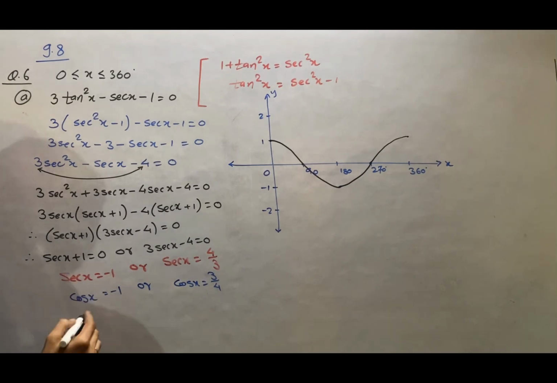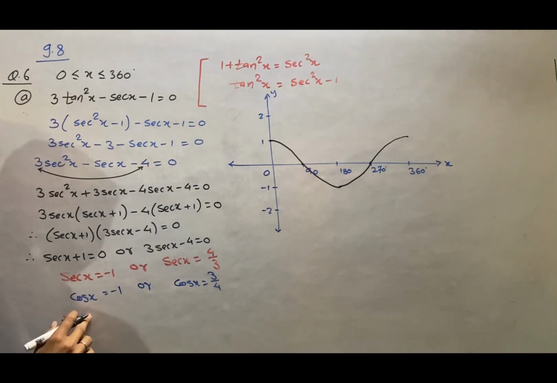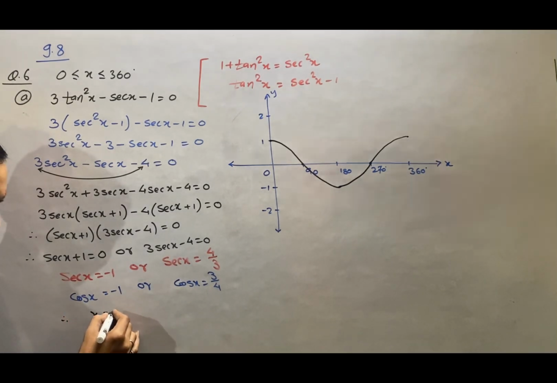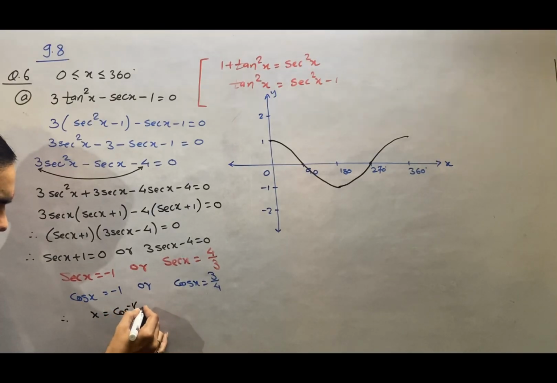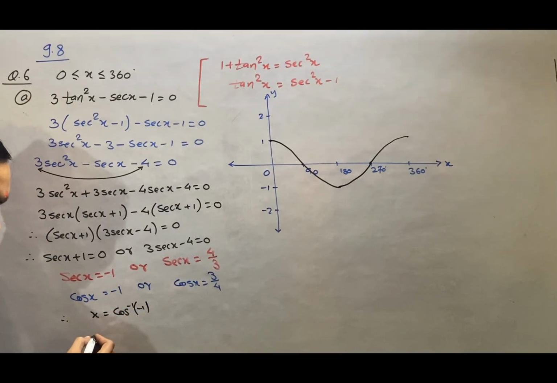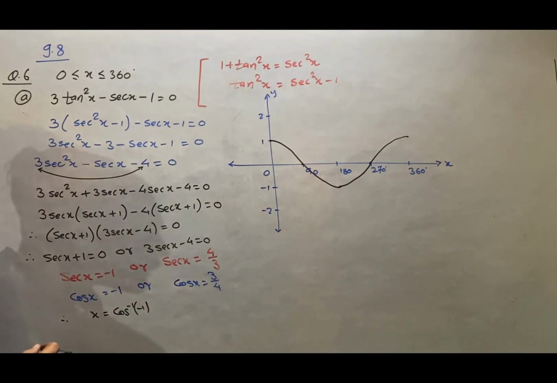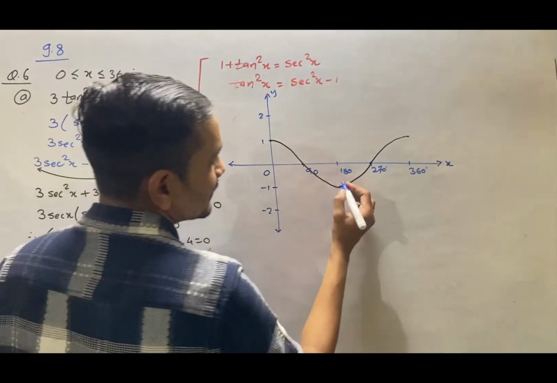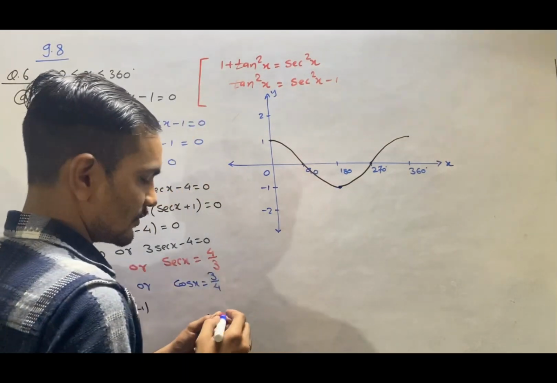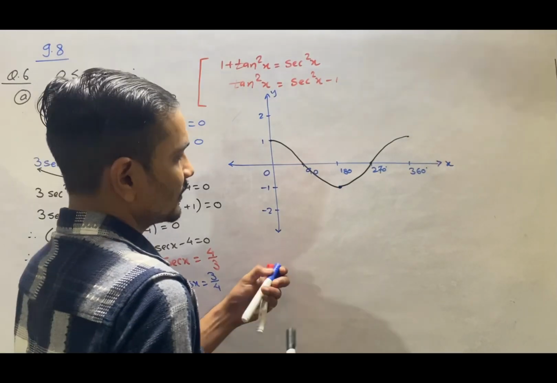Now if we move again here, the value of x is cos inverse of negative 1. So at which angle do we know cos is negative 1? 180. Okay, so we know directly this is 180.